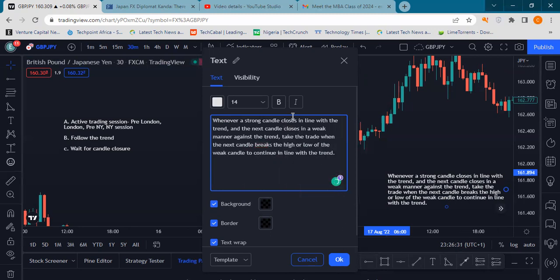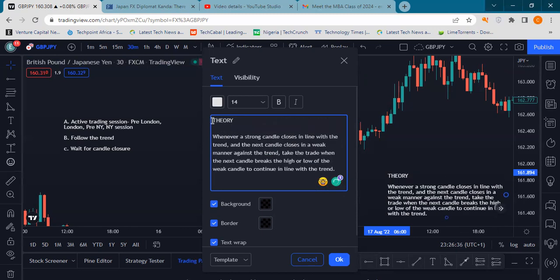So this is the overall theory which we are to test out.